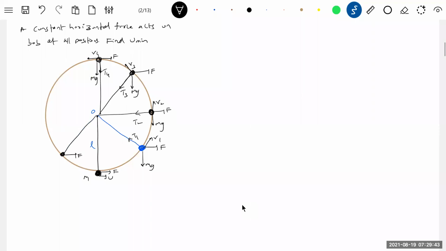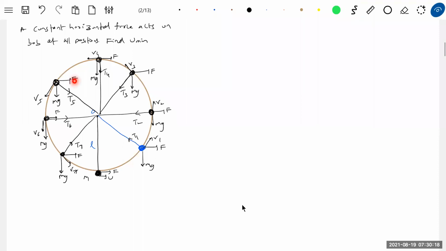The force F, this mg. Where can the critical point be?